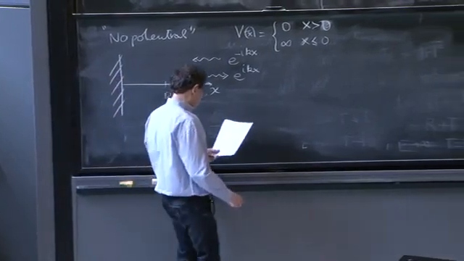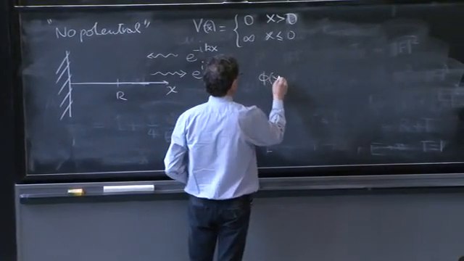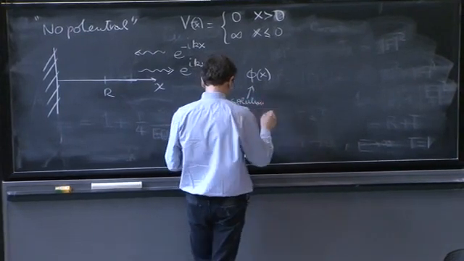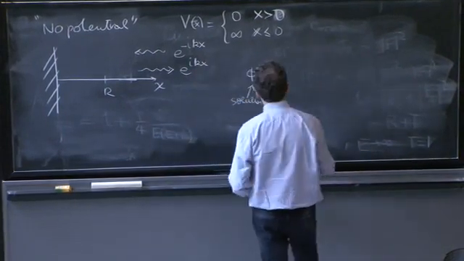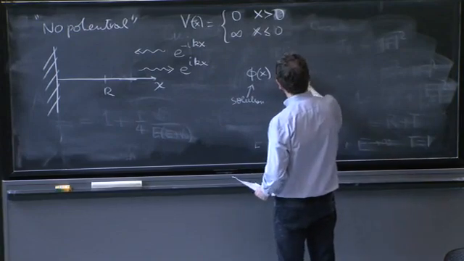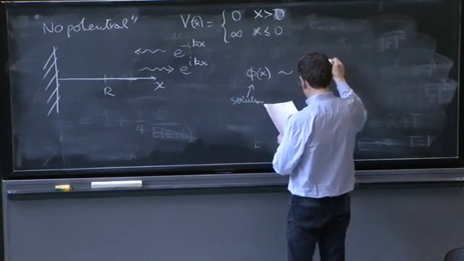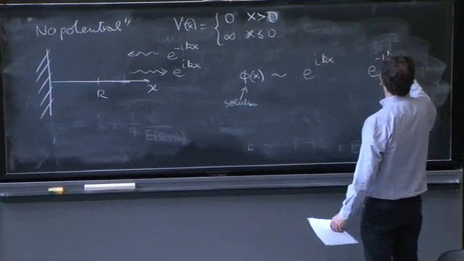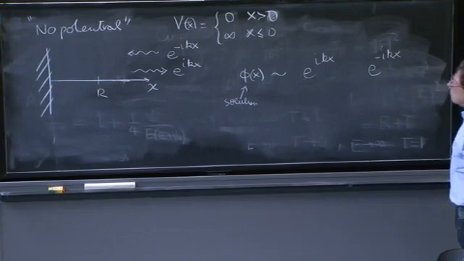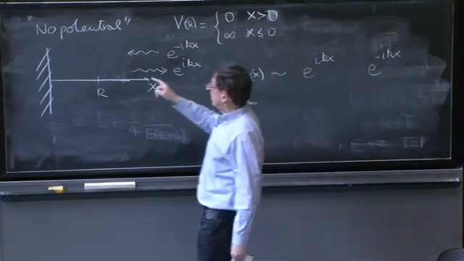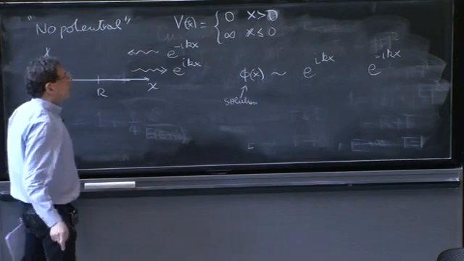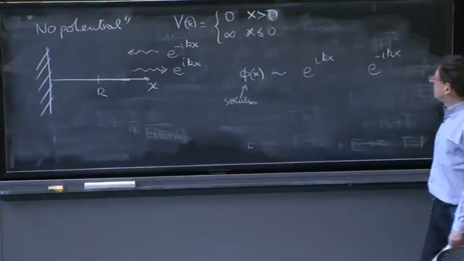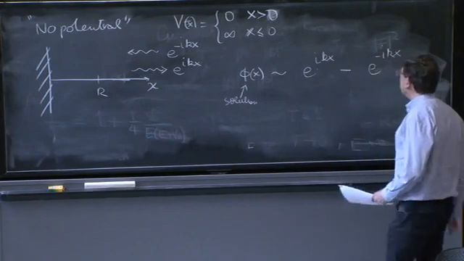So a solution, phi of x, will be a combination of e to the ikx and e to the minus ikx. And I should make the wave function vanish at x equals 0. At x equals 0, both exponentials are equal to 1. So if I want them to cancel, I should put a minus.